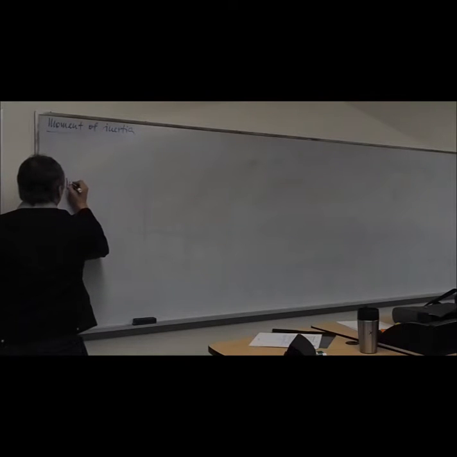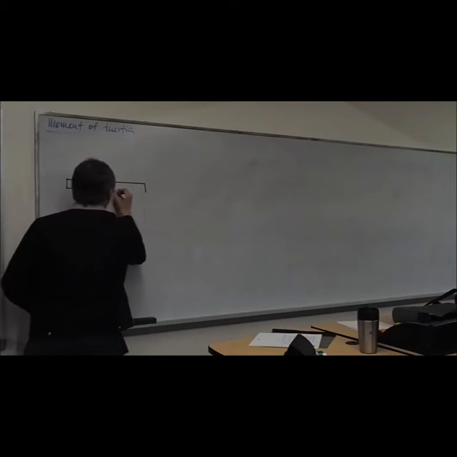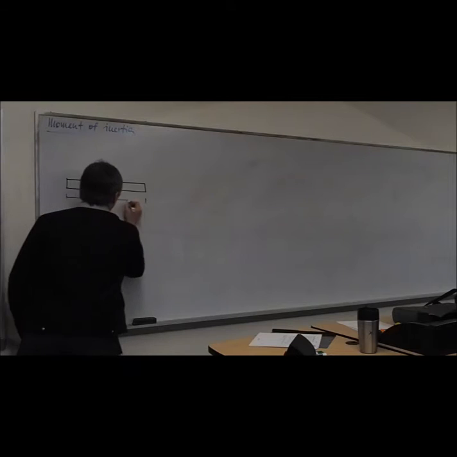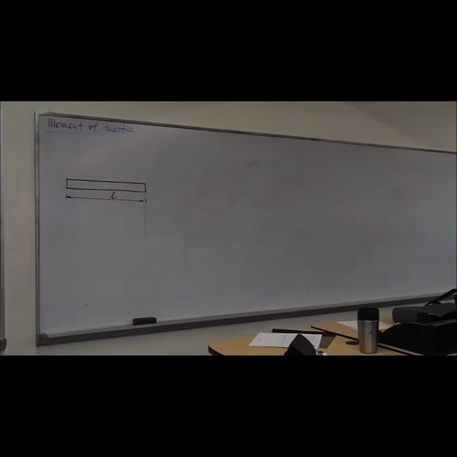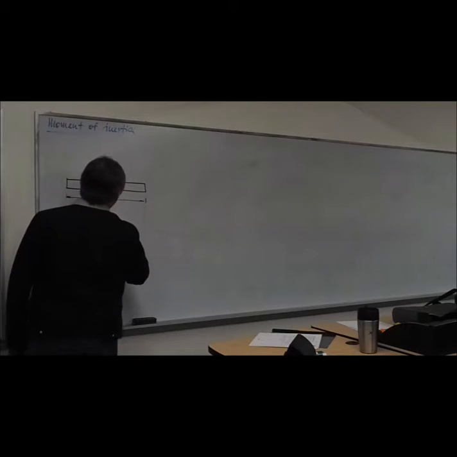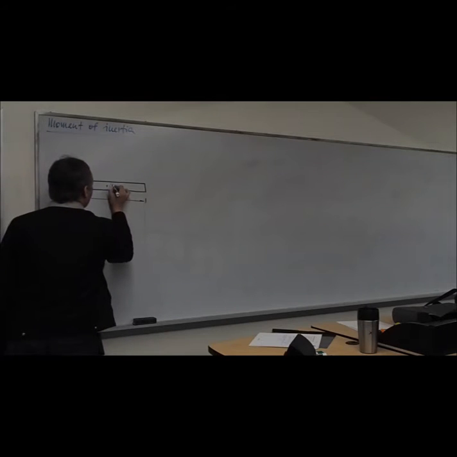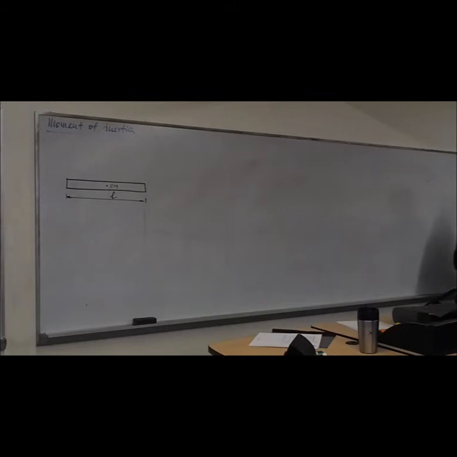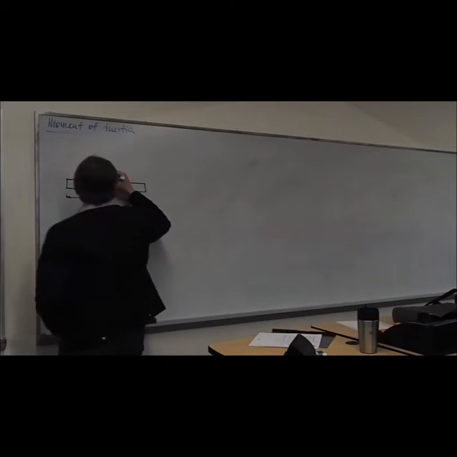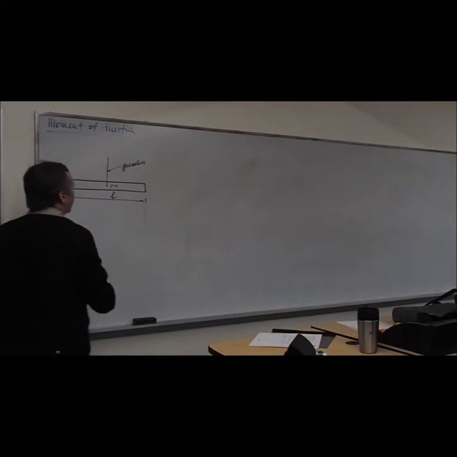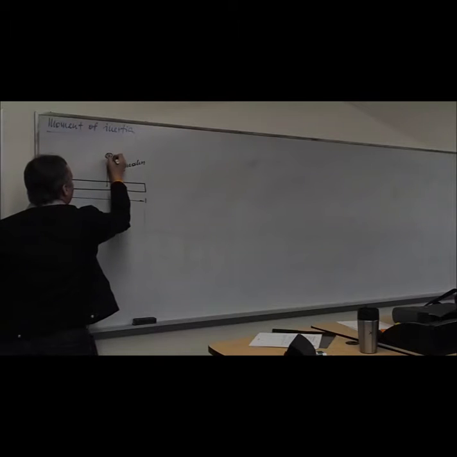A rod, of course a uniform rod of length L. Then here is the center of mass. Let me emphasize that this is the center of mass. The center of mass for a symmetrical object is, of course, at the center of symmetry. Then we have two short massless rods. And at the end of this rod, there is a point mass M.